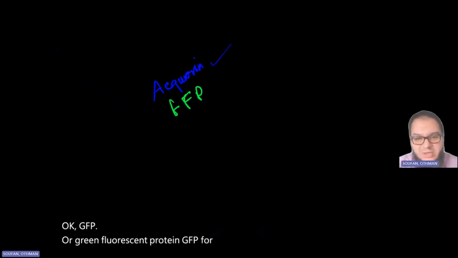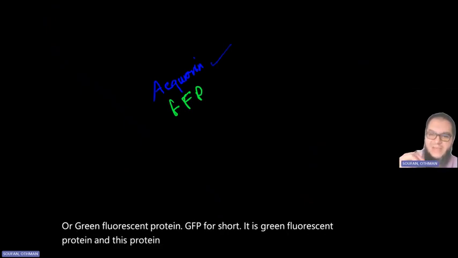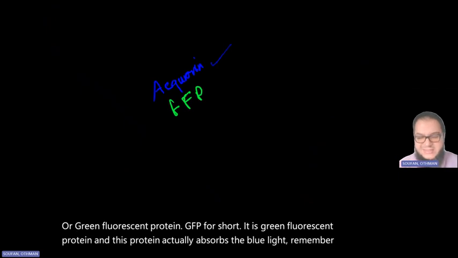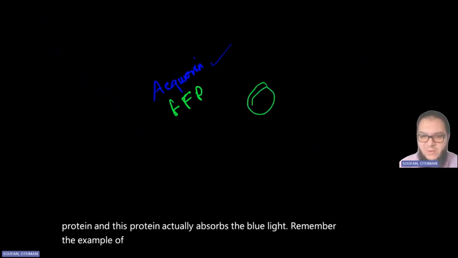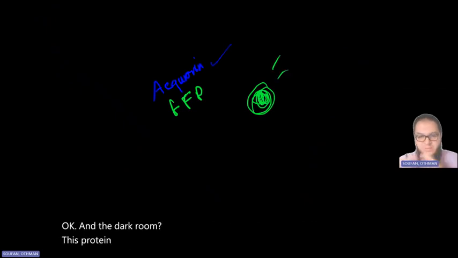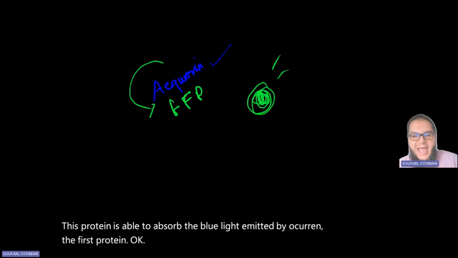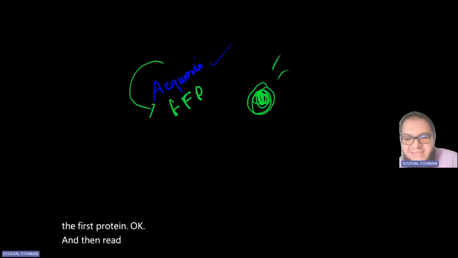And this protein actually absorbs the blue light. Remember the example of our toy ball in the dark room. This protein is able to absorb the blue light emitted by equorin, the first protein, and then re-emits it as a green light.